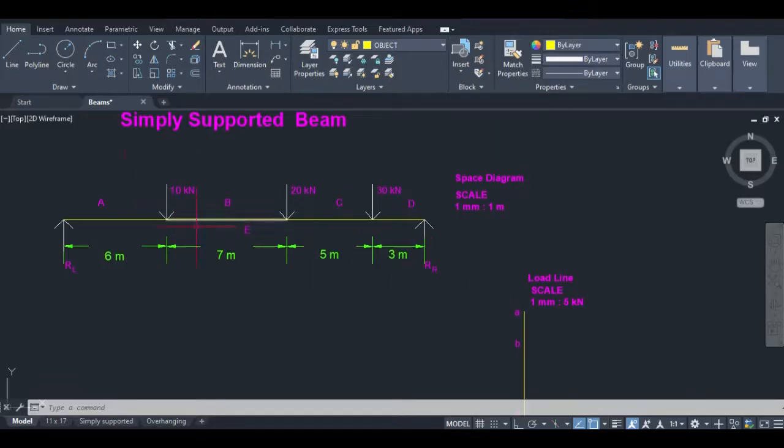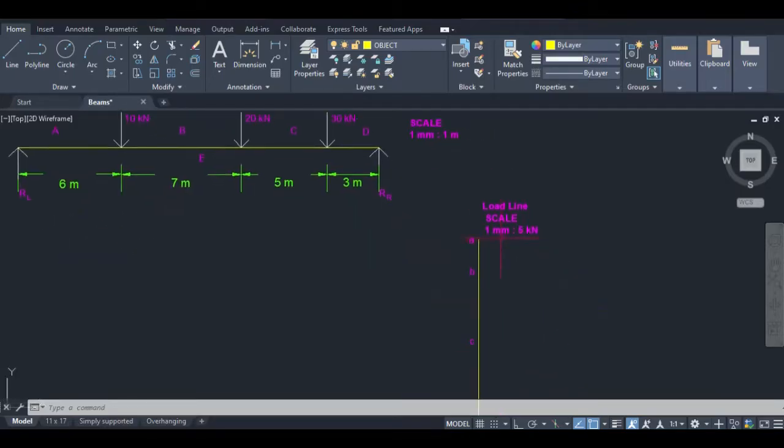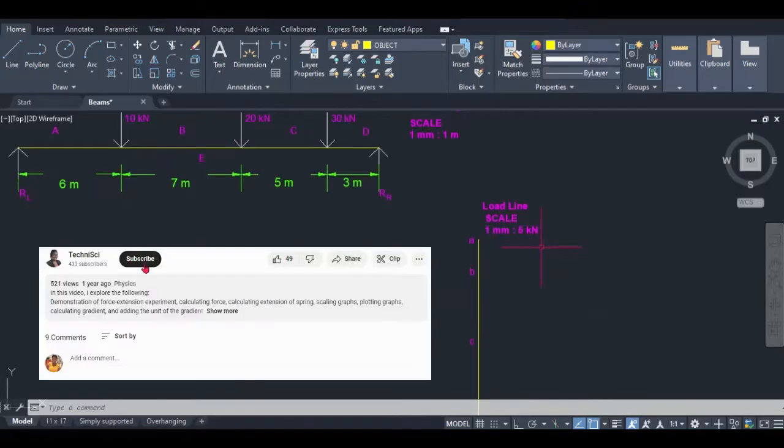Because AB is 10 kilonewtons, to represent 10 kilonewtons I would have to draw 2 millimeters, because 1 millimeter is 5, then I need another millimeter to get 5 plus 5 to give me 10. That's how we determine the length to draw based on the scale we have.